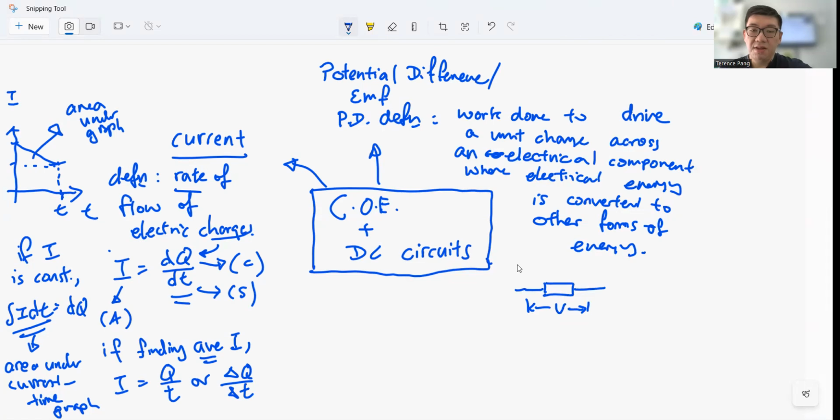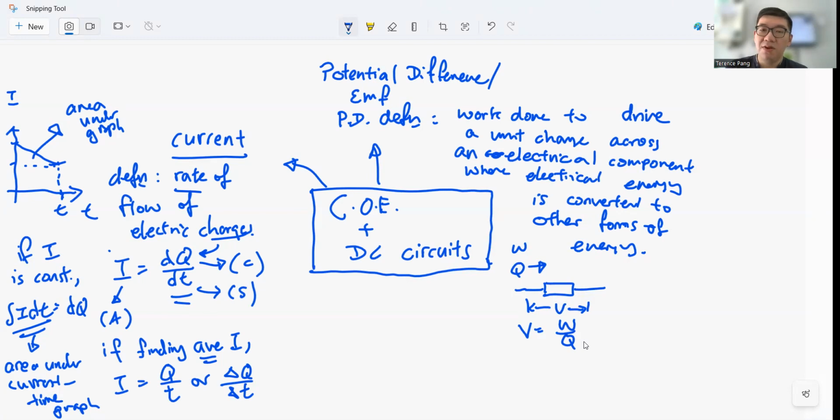And there's charge going through the resistor. And because there's charge, there's work done, W. So if you put everything together, V equals to W over Q, work done per unit charge. So in short, if you want to memorize these things, work done per unit charge, work done per unit charge. Just got to keep repeating it. That's potential difference.